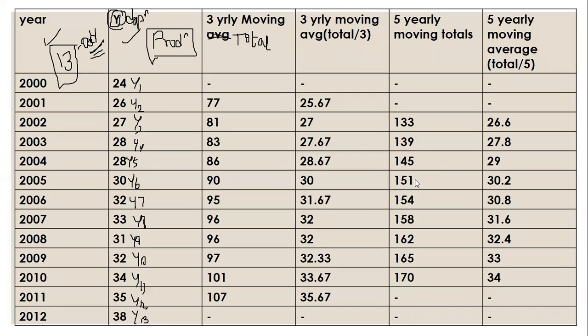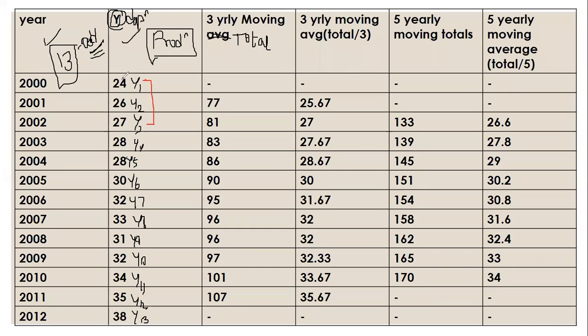Now what we are supposed to do is first add the first three numbers, y1, y2, y3. If you add them, you get the total as 77. How did we get 77? 24 plus 26 plus 27 gives 77. And why did I write 77 here?